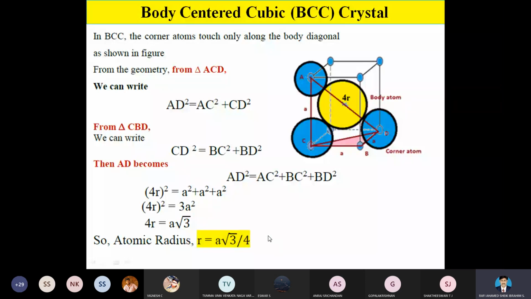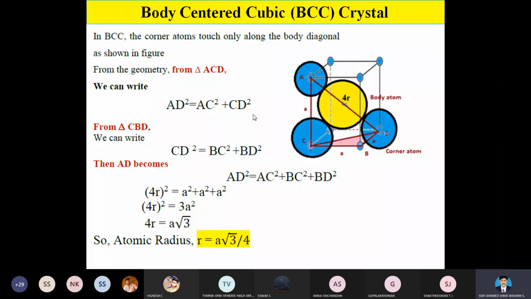So we have just measured 3 parameters. Can anyone say, what is the coordination number for BCC structure? What is the coordination number for BCC structure? 8. Very good. How are we getting this 8?